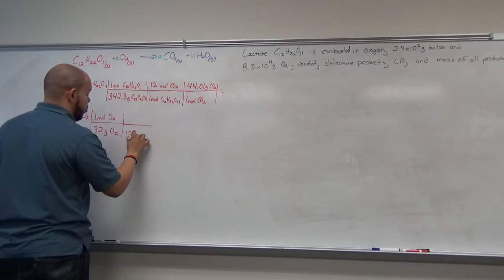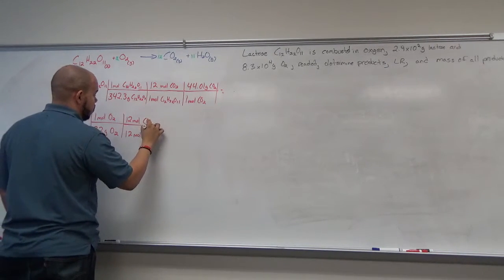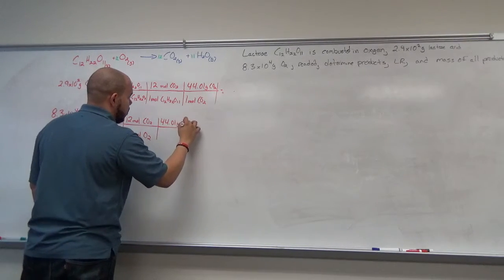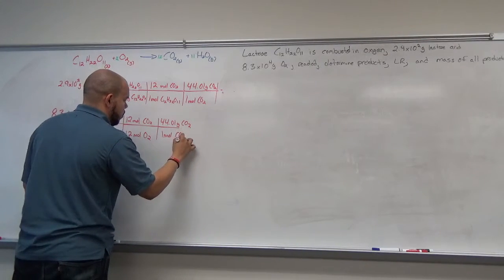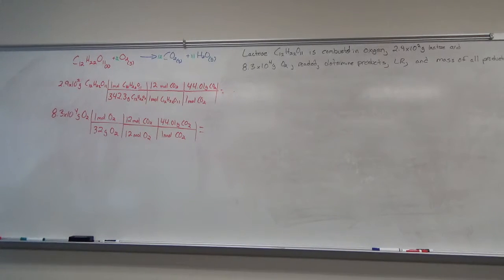We have 12 moles of O2 for every 12 moles of CO2, and we have 44.01 grams CO2 for 1 mole of CO2. Again, scientific notation on the values doesn't change anything.